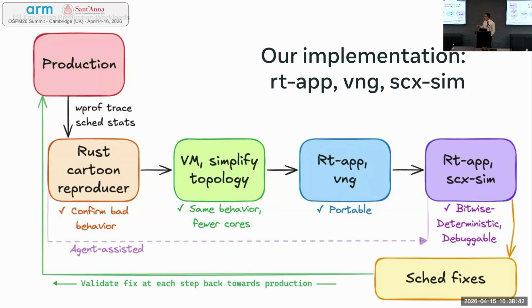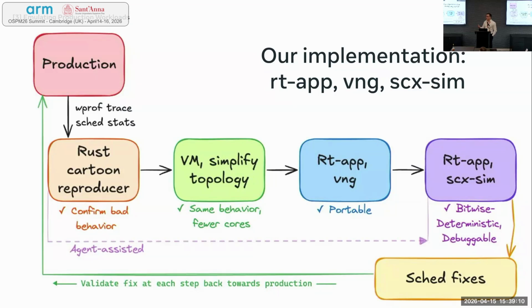And then what we do is we give ourselves the freedom of creating an arbitrary cartoon program in Rust, let's say, that attempts to reproduce the core scheduler behaviors that we saw in production. In this case, the IRQ case study that we just talked about, we want to see the same behavior of the LAVD latency criticality estimates and the same behavior of running on versus off the turbulent CPUs.